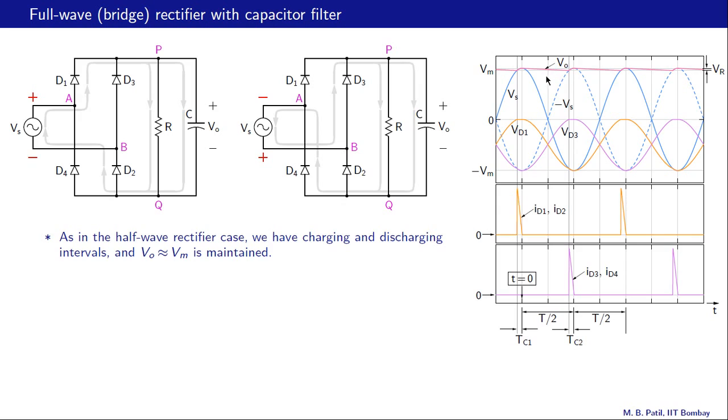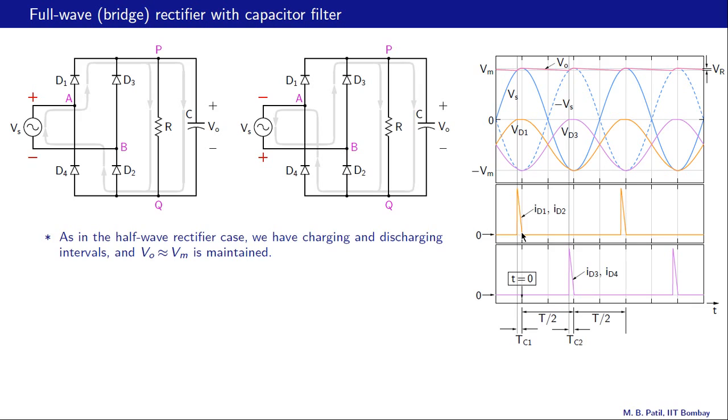And the output voltage is nearly constant, but there is a small ripple, the difference between the maximum and minimum output voltage levels. That's called Vr. When the input voltage Vs goes beyond the output voltage, D1 and D2 conduct, and when minus Vs goes beyond the output voltage, D3 and D4 conduct.